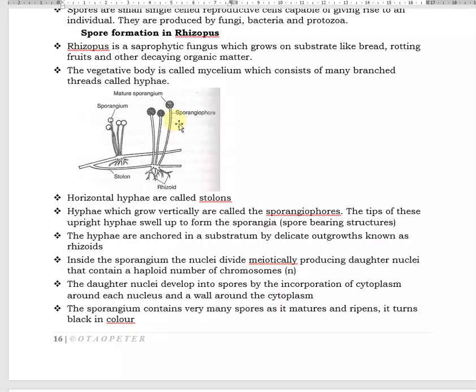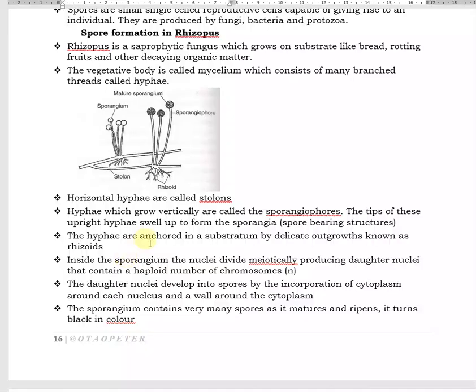But the vertical one is called sporangiophores. So the tips of these uprights of the hypha swell up to form the sporangium. This is where the spores are borne.